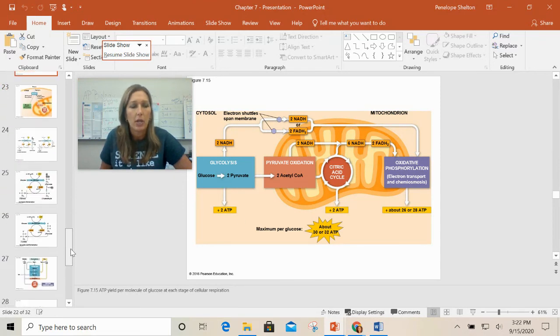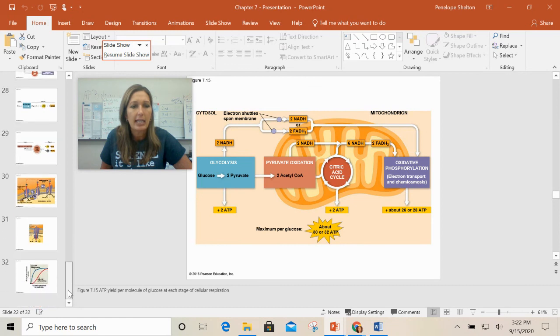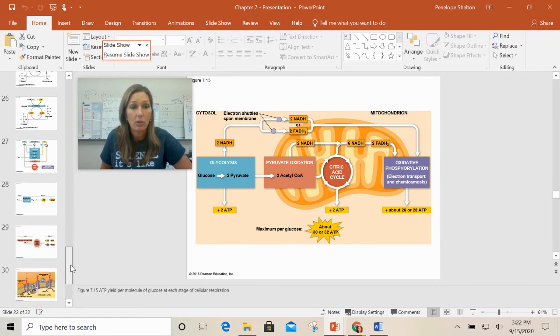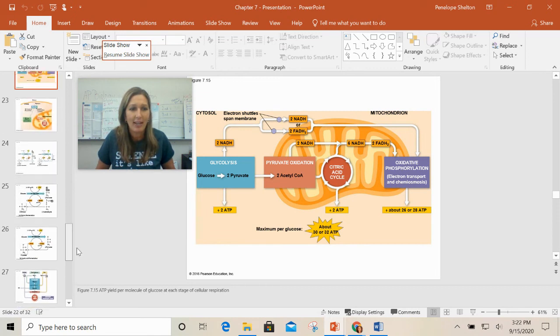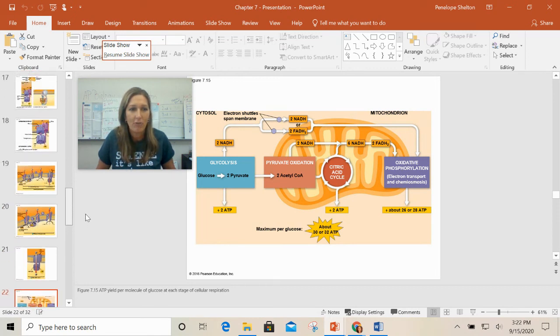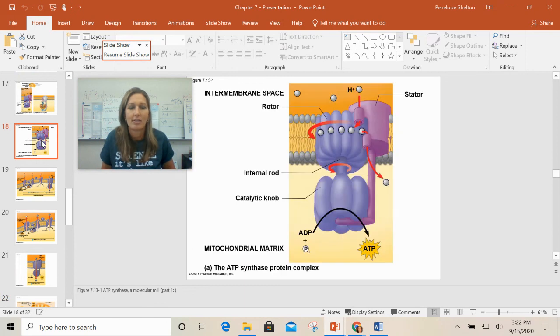So with that being said, I definitely need you guys to review, ask questions, and understand these steps of cellular respiration. But most important, what I think is so cool is this enzyme ATP synthase. Now, last question.